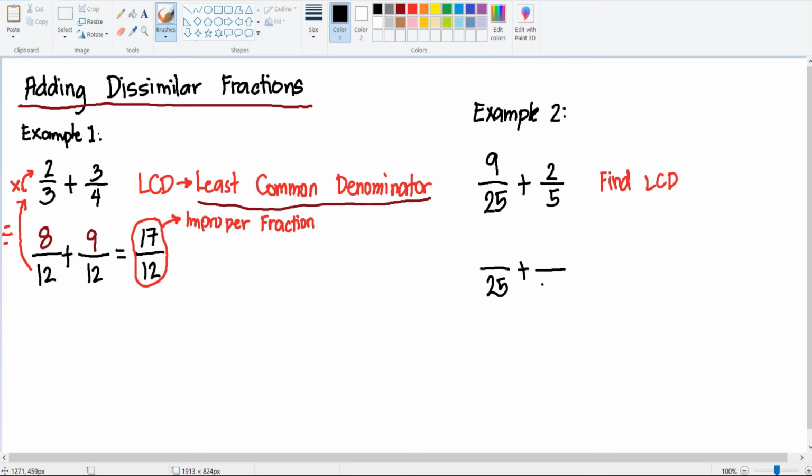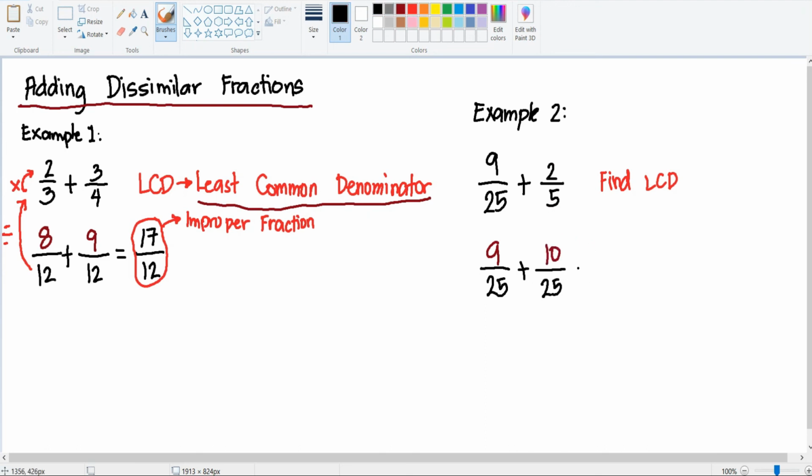So, same thing that we have to do, divide the new denominator by the old denominator, and the quotient of that, multiply it to the numerator. So, 25 divided by 25, that is 1, times 9, that is 9. 25 divided by 5, that is 5, times 2, that is 10.